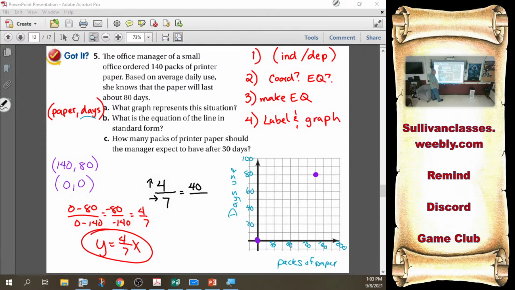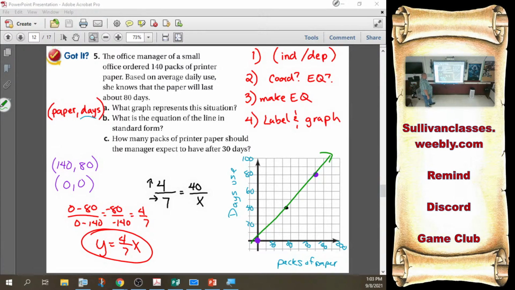How far would it go over? You do your ratio business and you get 70. So I could say at 70, so halfway through here, 40. You can use that to make some more points. Okay? So if the slope doesn't match the scale of the graph, do a ratio real quick to make it match. And whoop, connect the dots.